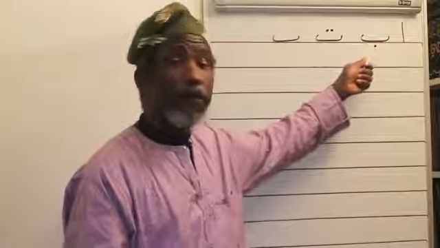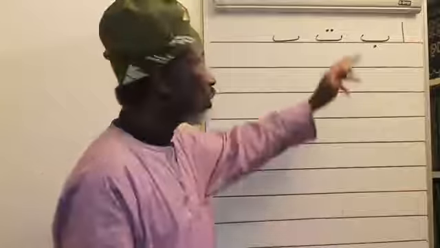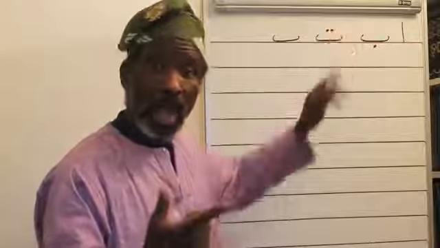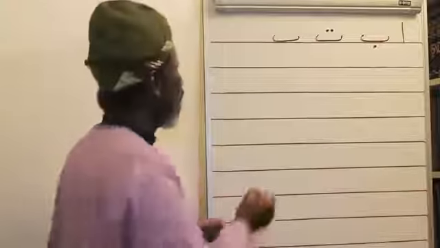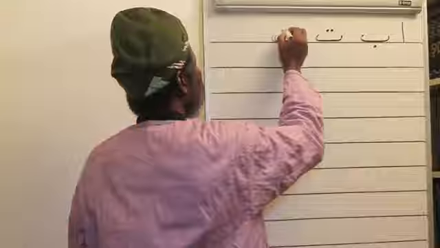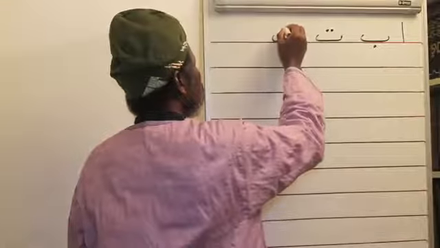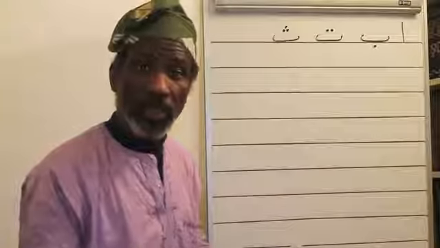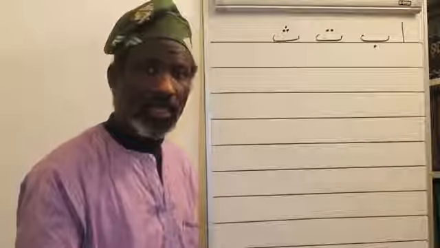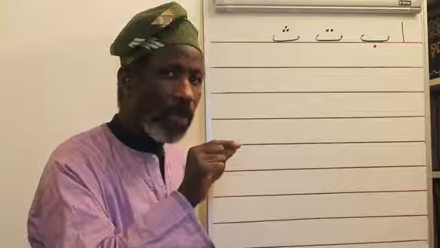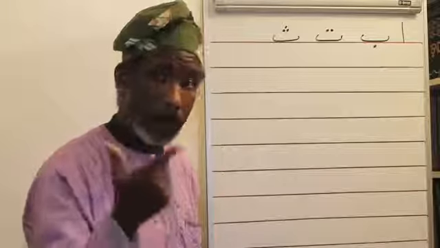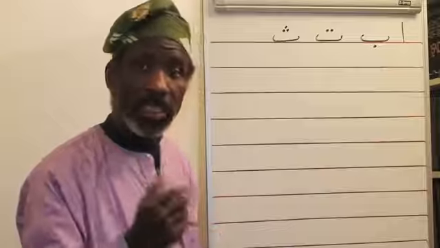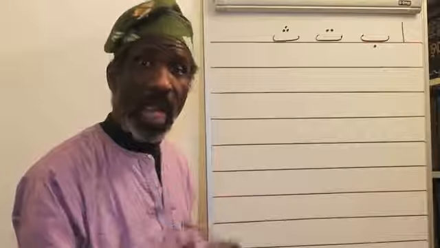So we have one below, ba, two above, ta. Let's put three dots, three dots, that's tha. So the boat family, one dot below ba, two above ta, three tha.